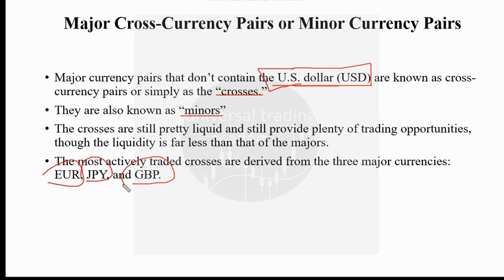So whenever you see a GBP pair that is paired with, for example, the AUD, this is a cross currency. It's not a major because it doesn't have USD in it, so it's a cross currency.